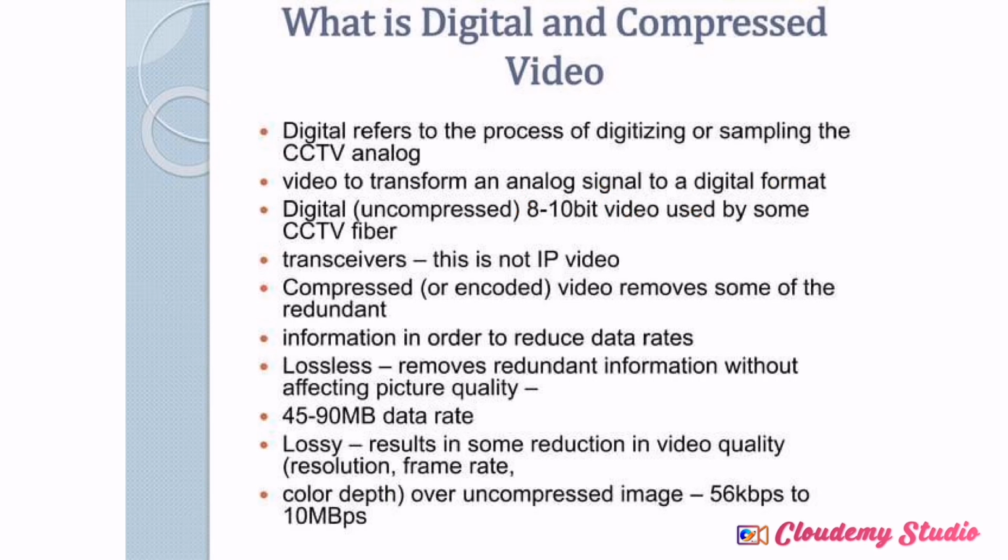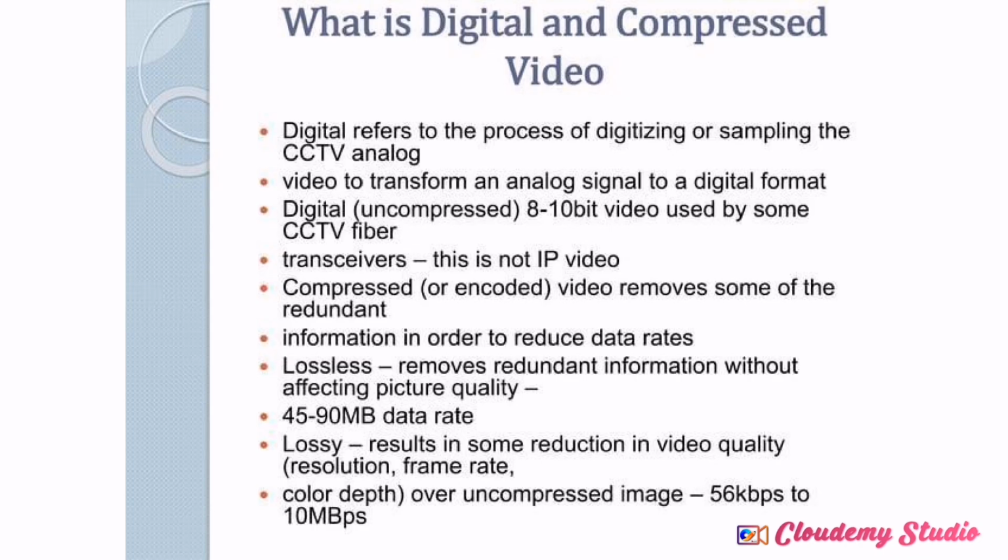Okay, so here what they're trying to say is that when transmitting this video analog signal to a digital, remember here we're saying that it is digitalizing or sampling the CCTV analog. So you make the video digitalized in order to transmit a video.